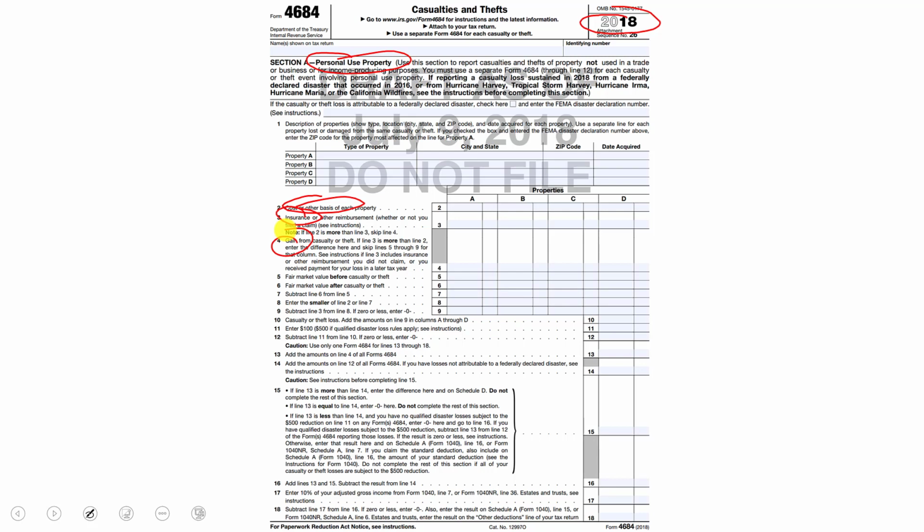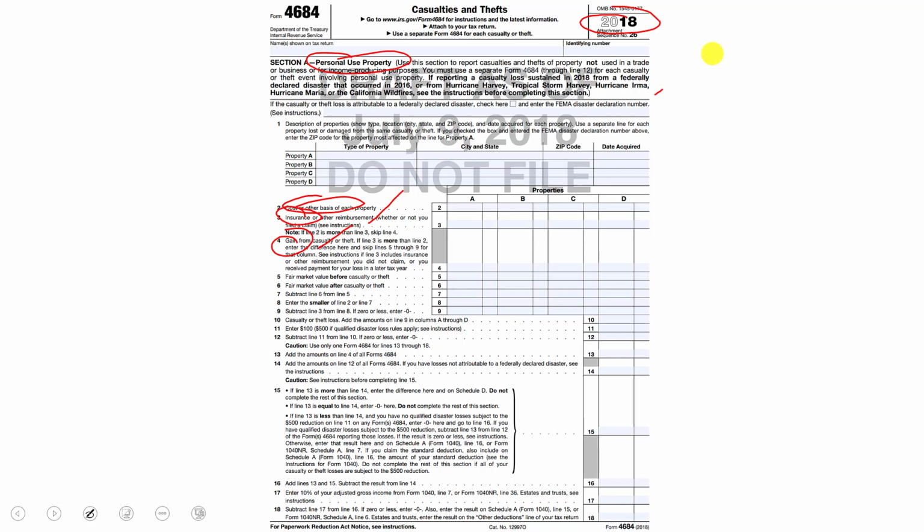Okay, but in the case of business property, you still can deduct casualty losses. And maybe even if you have a gain, if you reinvest the proceeds within a certain time limit, again, you can defer that gain. So hopefully you don't need to use this form.